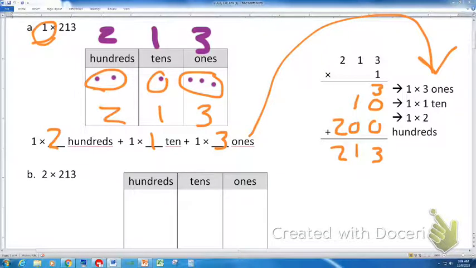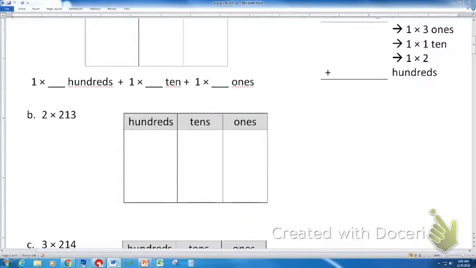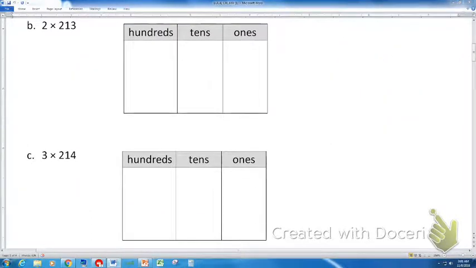Okay, so let's go ahead and take a look at letter B. Letter B is similar to number 1, except we're multiplying it by 2 now. So we have 2 dots in the hundreds, 1 dot in the tens, and 3 in the ones.